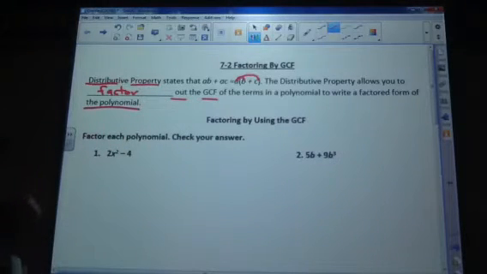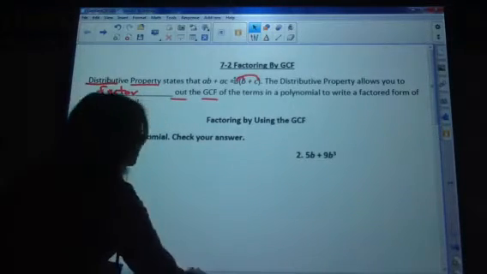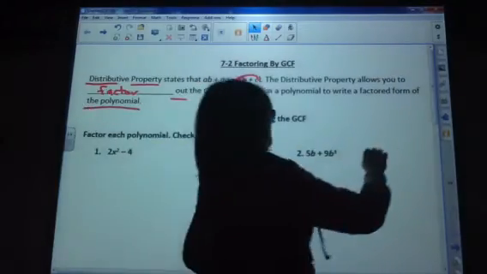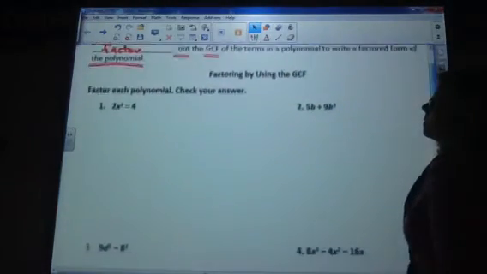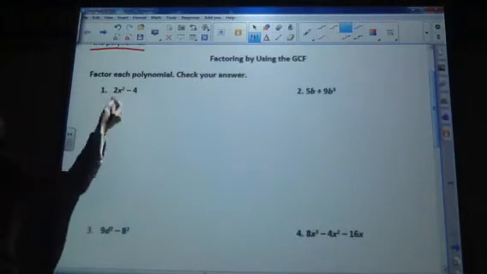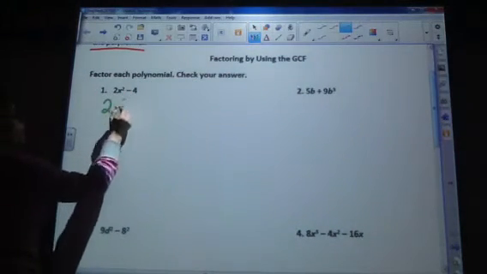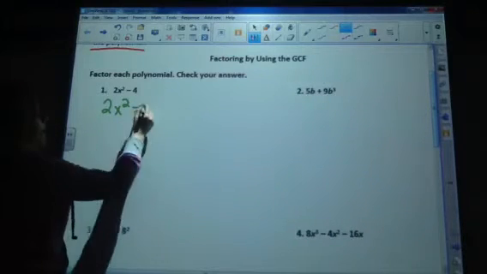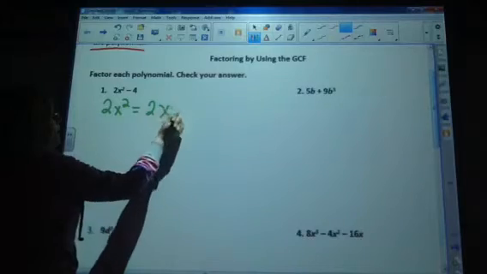Okay? So let's look at this. We are going to factor each polynomial, and we're also going to check our answer. Okay, so let's look at this first term. Our first term is 2x squared. So when we factor that out, we get 2 times x times x.